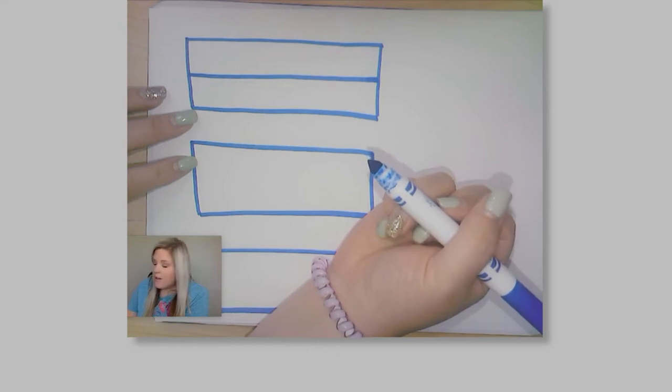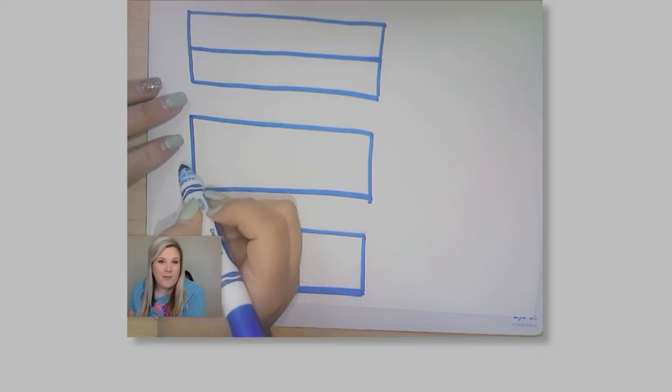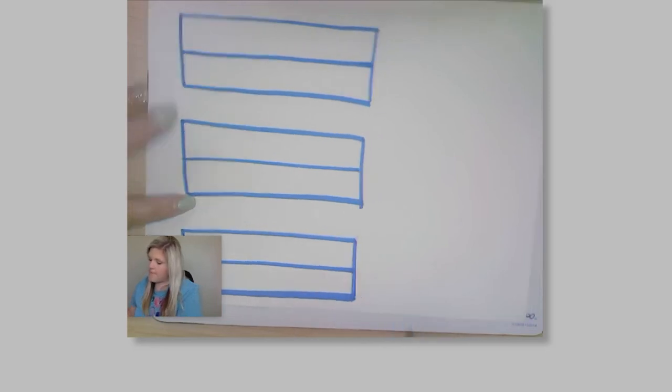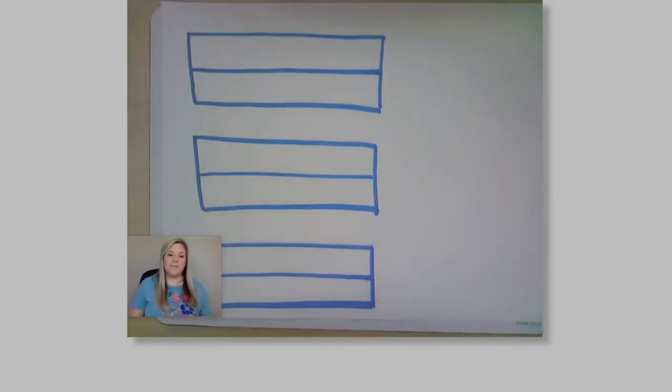Excellent job. I'm going to go ahead and draw a line through the middle horizontally, straight across, in the rest of my rectangles. You do the same too. Wow, yours look so great.